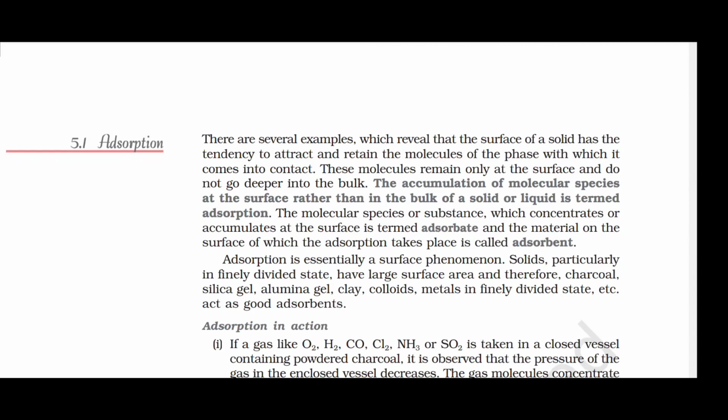The accumulation of molecular species at the surface rather than in the bulk of a solid or liquid is termed as adsorption. The molecular species or substance which concentrates or accumulates at the surface is termed adsorbate, and the material on the surface of which adsorption takes place is called adsorbent.